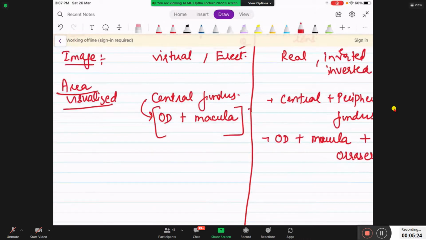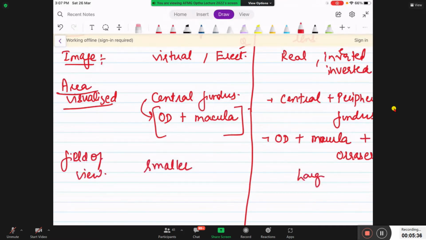So field of view is larger in indirect. Okay.